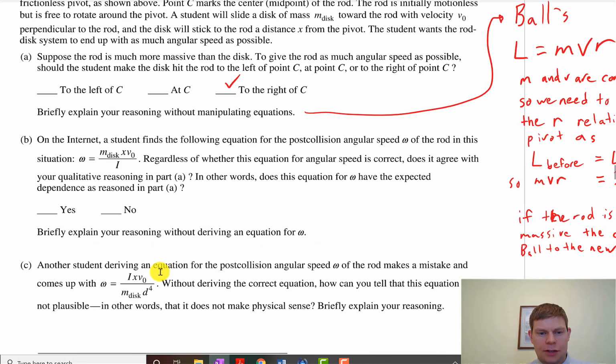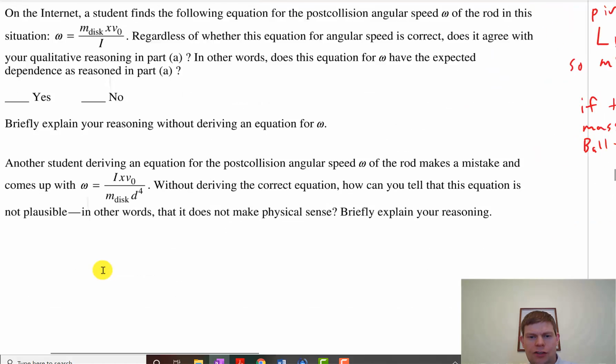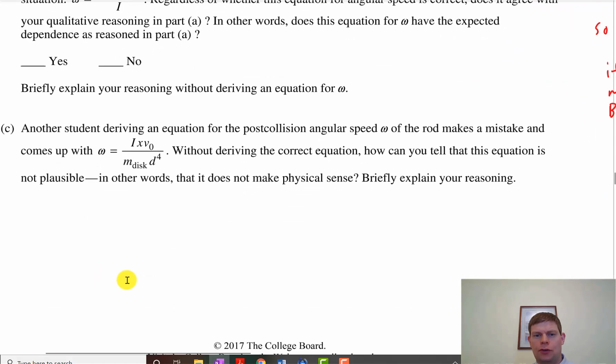And let's try C. This one's sort of a funny one. It says another student derives an equation for the post-collision angular speed omega of the rod. He makes a mistake and comes up with this garbage formula. Without deriving the correct equation, how can you tell this equation is wrong?